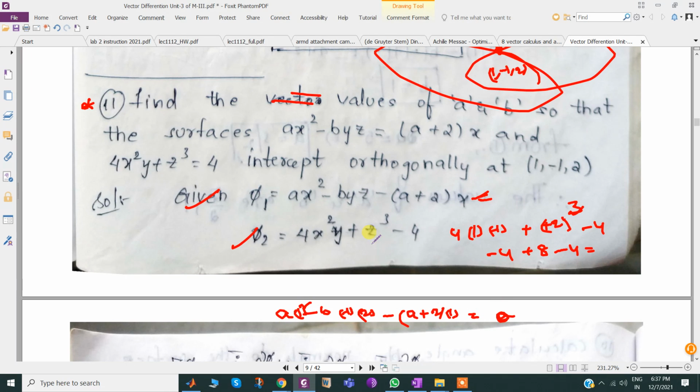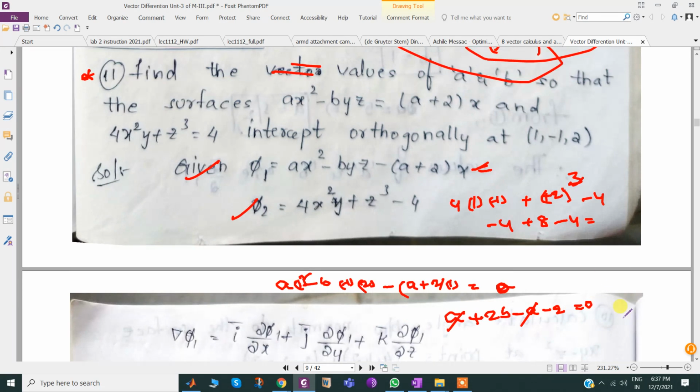So a minus b times minus 1 into 2, which makes plus 2b, minus a minus 2 equal to 0. Since x is equal to 1, minus a plus a gets cancelled. I make it 2b minus 2 equal to 0. So therefore b equals 1.